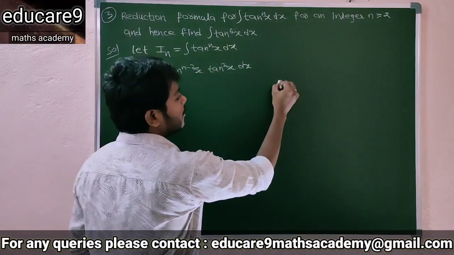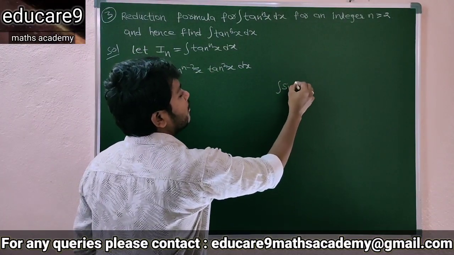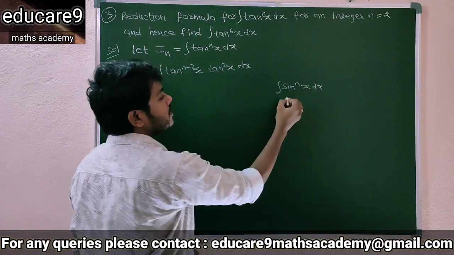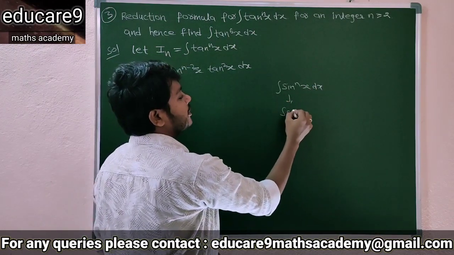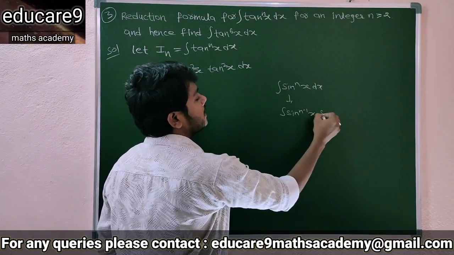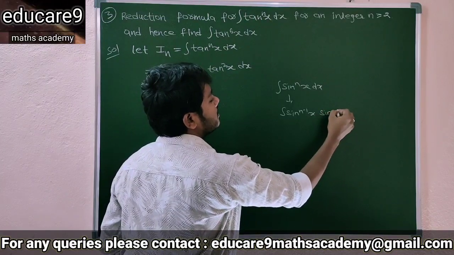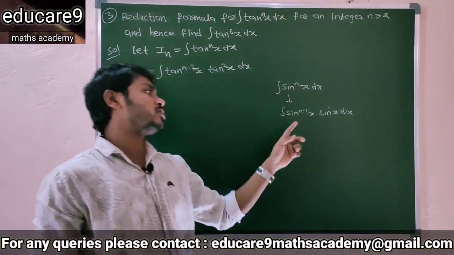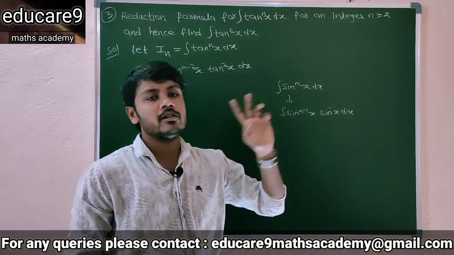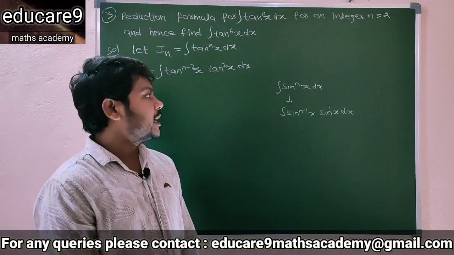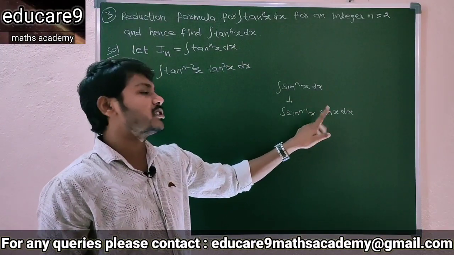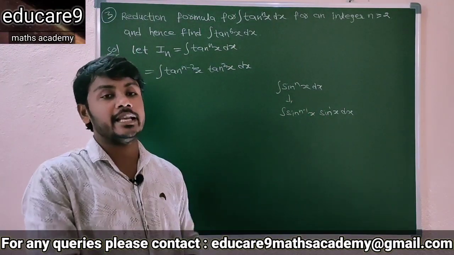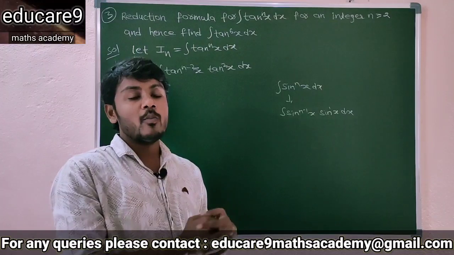In the previous problem, sin^n x dx was written as the integration of sin^(n-1) x into sin x dx. Similarly, cos^(n-1) is also written as cos^(n-1) x cos x dx. Because the derivative of sin x is cos x, and the derivative of cos x is sin x, clearly in that case the power is 1.